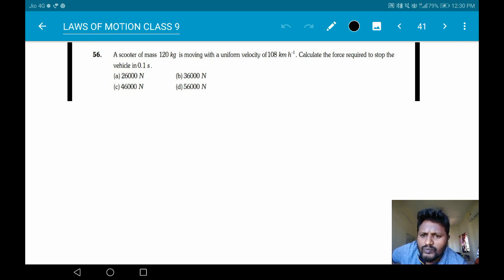A scooter of mass 120 kg is moving with a velocity 108 km per hour. Calculate the force required to stop the vehicle in 0.1 second. Okay. So your initial velocity is given as 108 km per hour, but we should convert this kilometer per hour into meter per second by multiplying with 5 by 18.